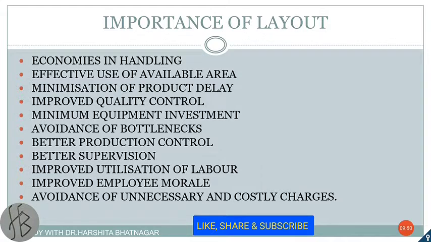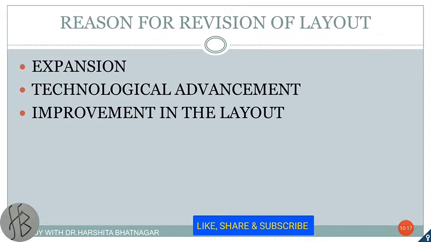As I told you, if safety is there, then the employees will be satisfied and they will work with full enthusiasm and efficiency. Avoidance of unnecessary and costly charges: if your layout is flexible, then you will be able to change your layout at less cost. So unnecessary or costly charges can be avoided if the layout is good. These are the importance of a good layout.